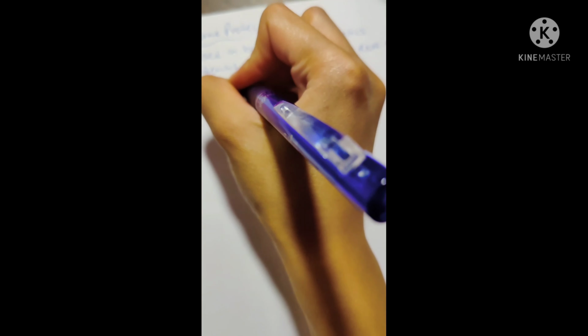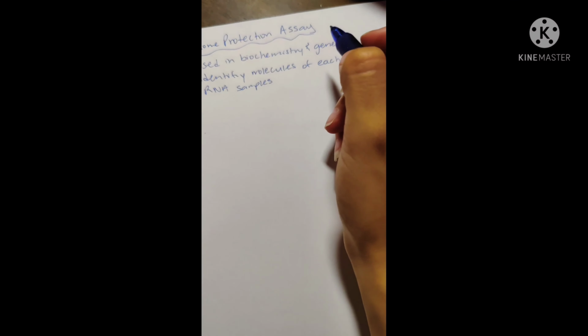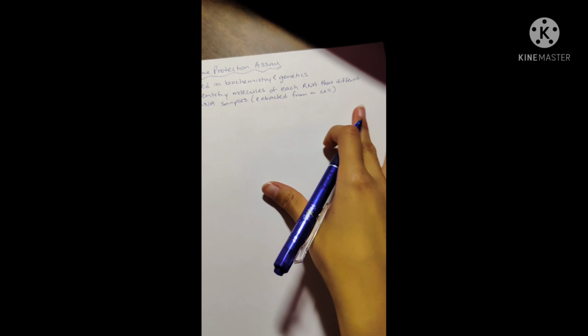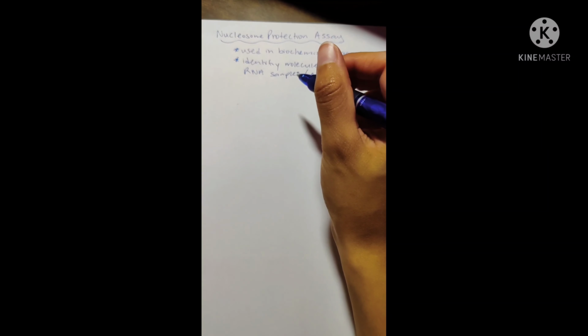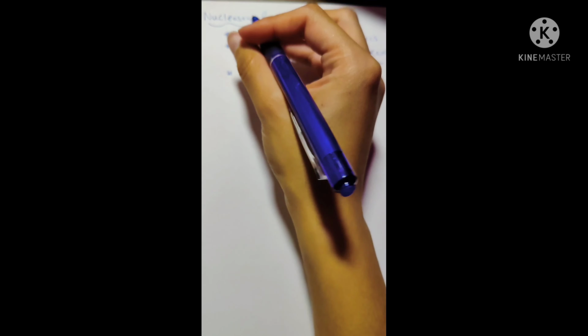So RNA samples that have been extracted from a cell. Alright, so this strategy is able to detect one or more RNA molecules in a known sequence at low levels. So, write that down.